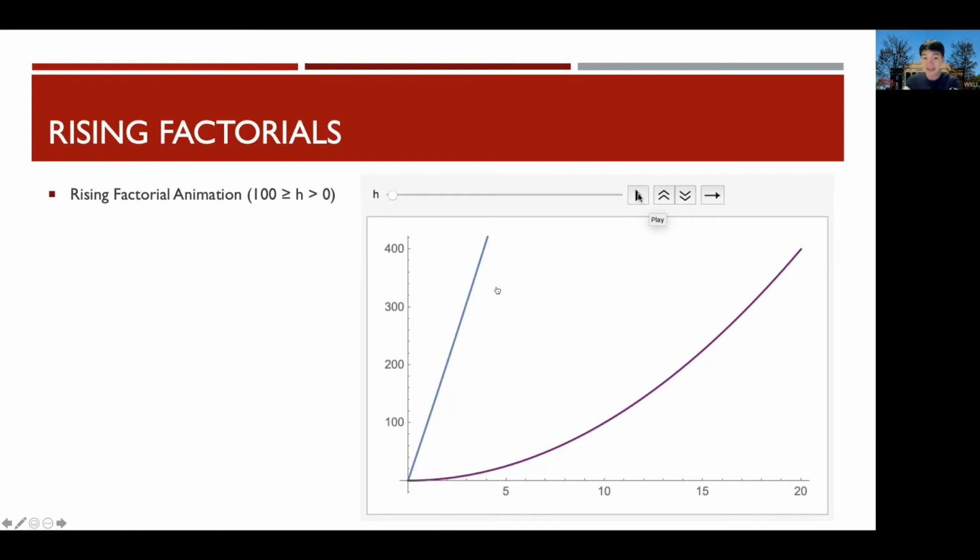And you'll see that as h approaches 0, we get closer and closer to the continuous approximation. As we play this, you'll see that the t to the 2 rising function gets very, very close to t squared in continuous time. And eventually, as h equals 0, they do overlap completely.